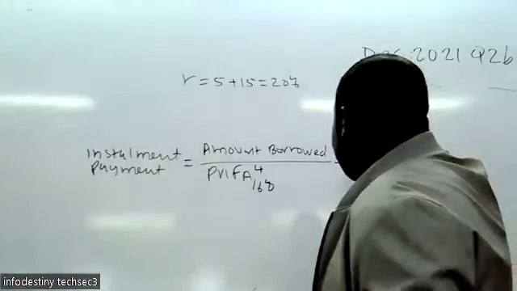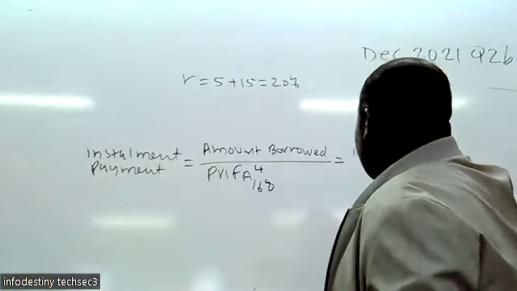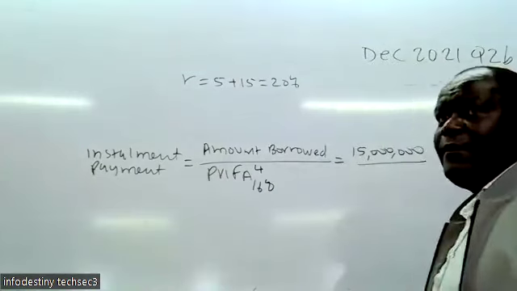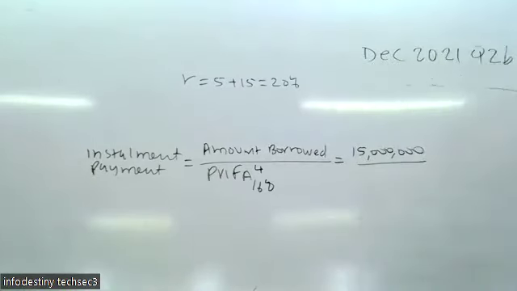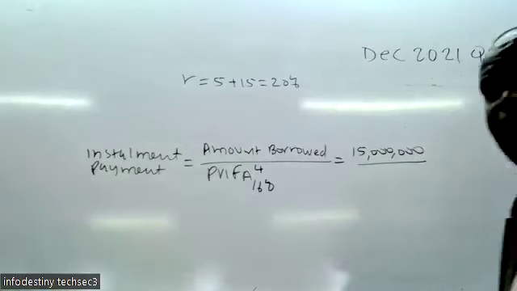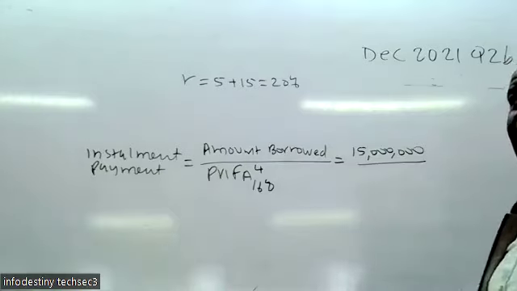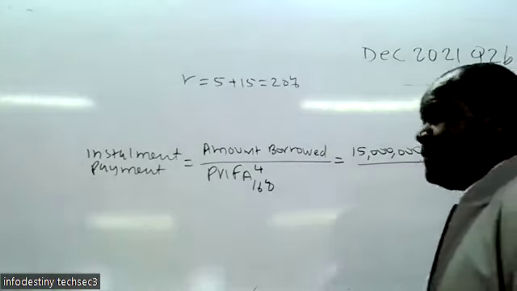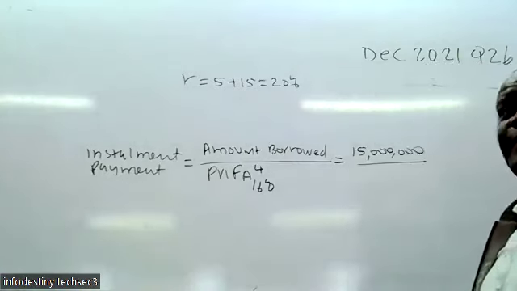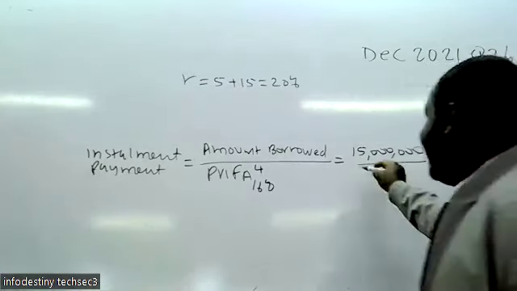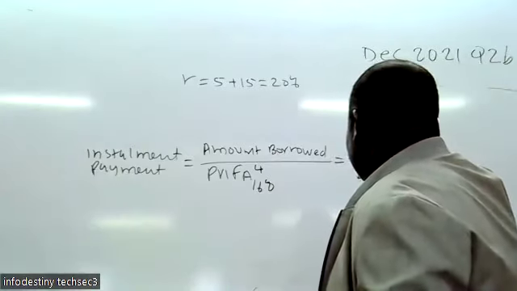It's 15 million. So I want you to go to the table, the one for the annuity. Confirm 16% in period 4. 2.7.